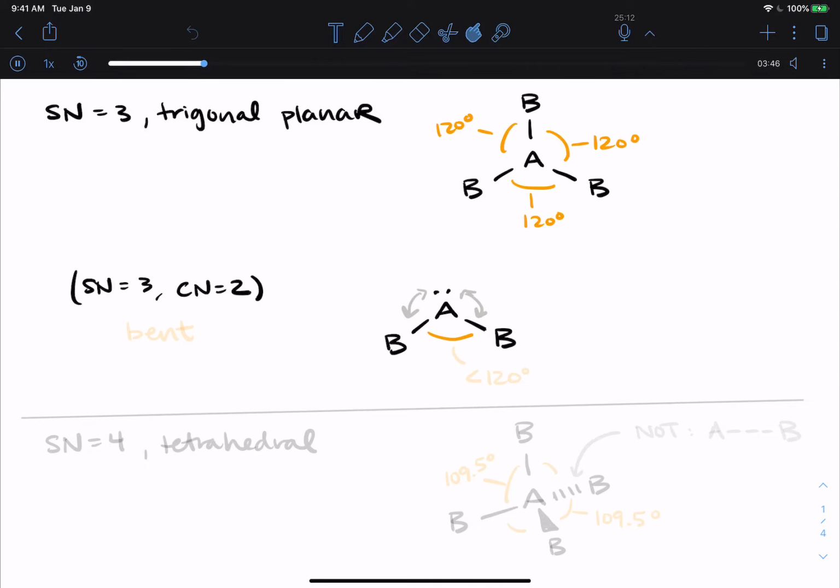So my bond angle in the steric number 3, coordination number 2 is going to be less than 120 degrees. And the exact angle is going to depend on the identity of the atoms. We do have a different name for this one. So the name of this shape is bent. And that is it for steric number 3.